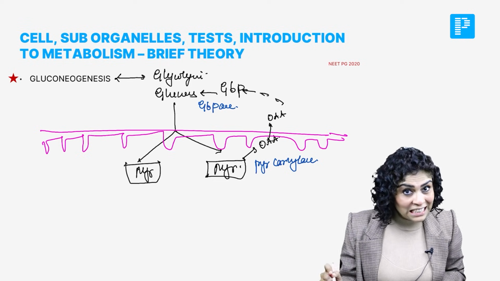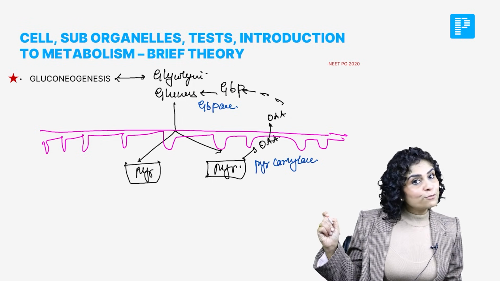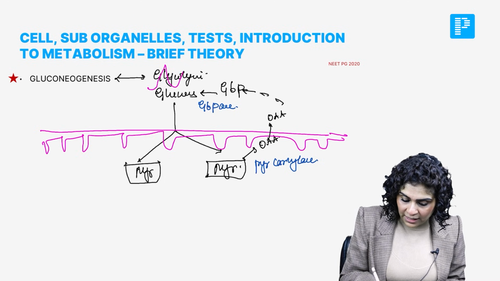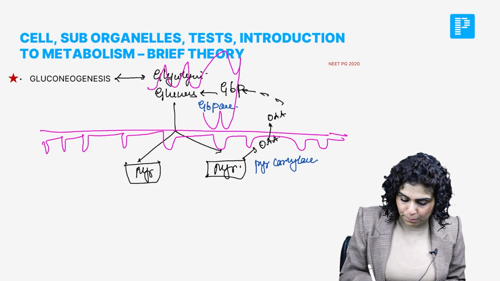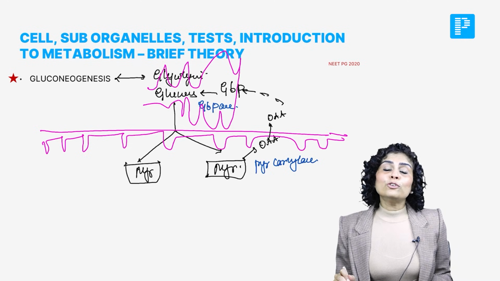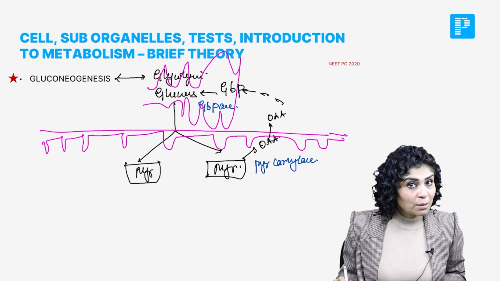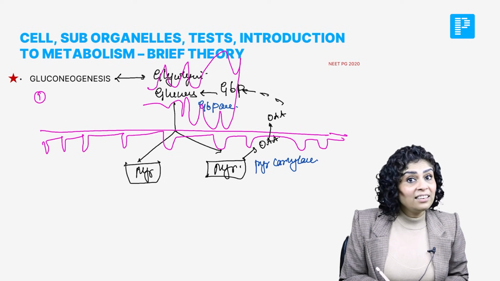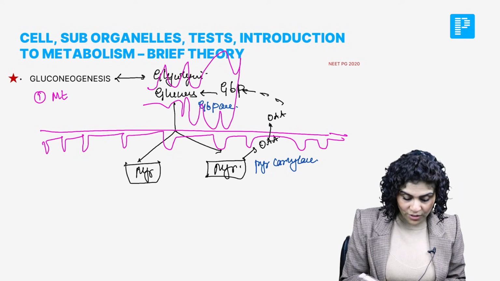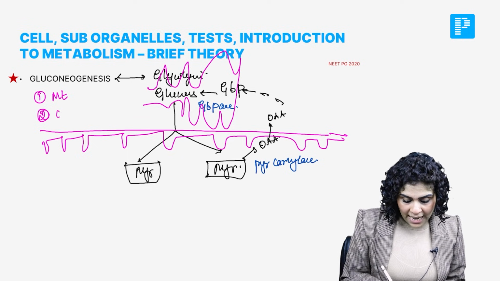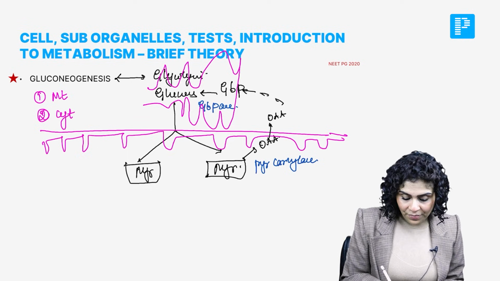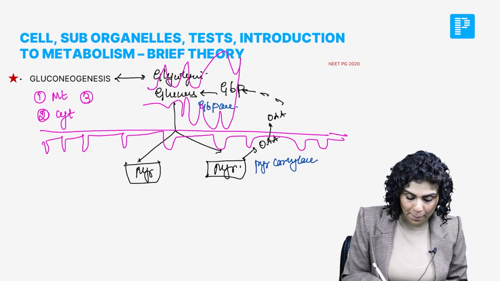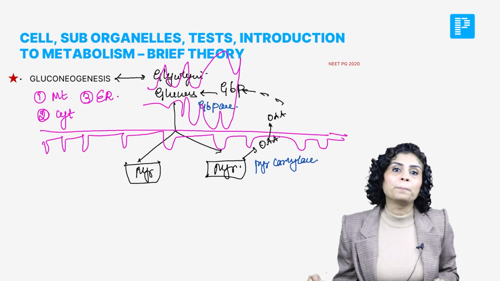Glucose 6-phosphatase, which converts glucose 6-phosphate into glucose. That glucose 6-phosphatase is present in endoplasmic reticulum. So gluconeogenesis involves multiple suborganelles. The first step, pyruvate carboxylase catalyzed step, happens in mitochondria. The remaining steps happen in cytoplasm. And the last step, which is catalyzed by glucose 6-phosphatase, happens in endoplasmic reticulum.